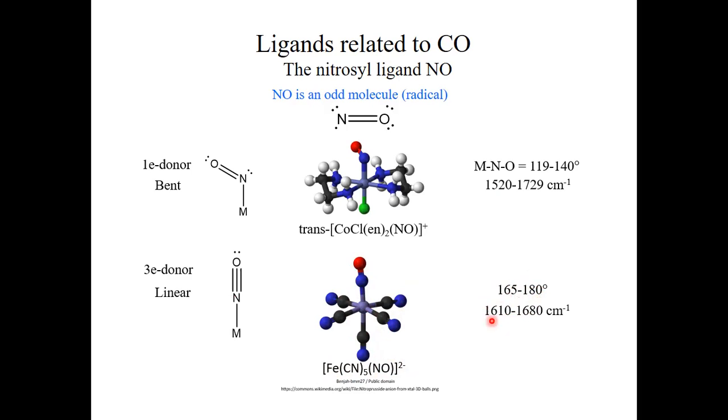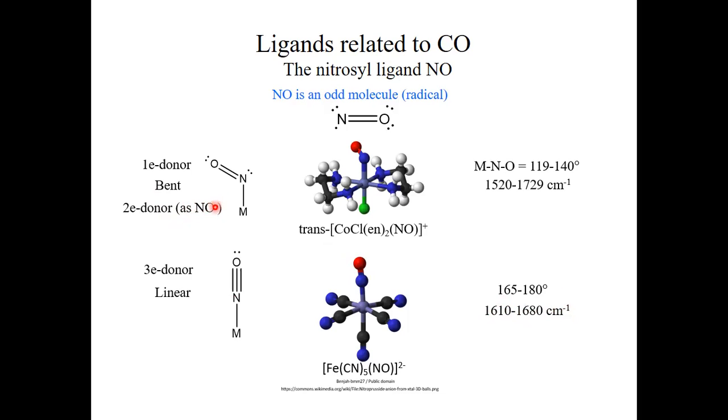In this case, we have a stretch vibration at 1610 to 1680 wave numbers. Okay, so there's another way how we can view these complexes. We can also formally consider the NO ligand as an NO minus ligand.